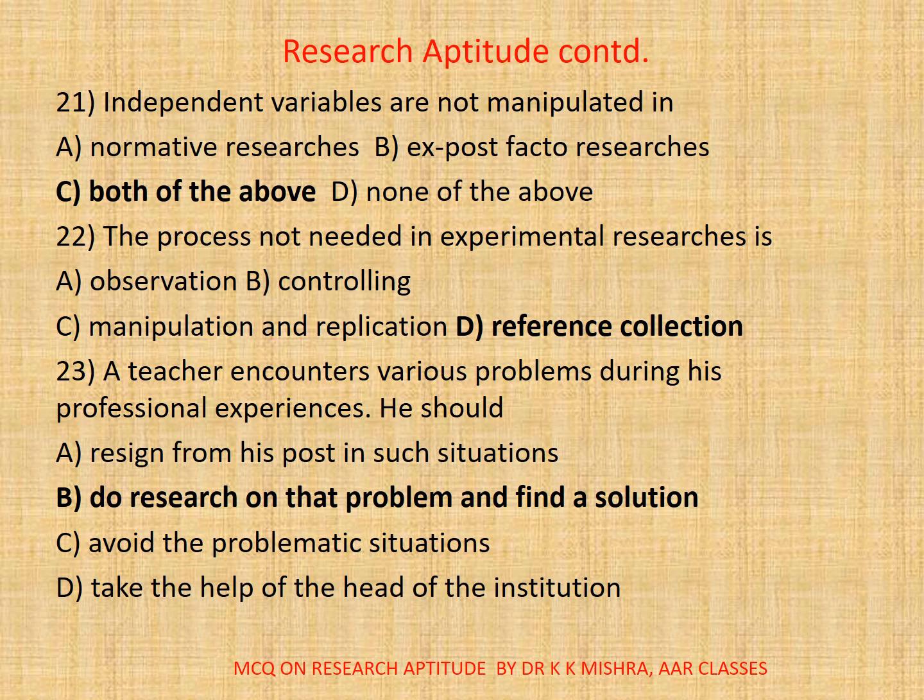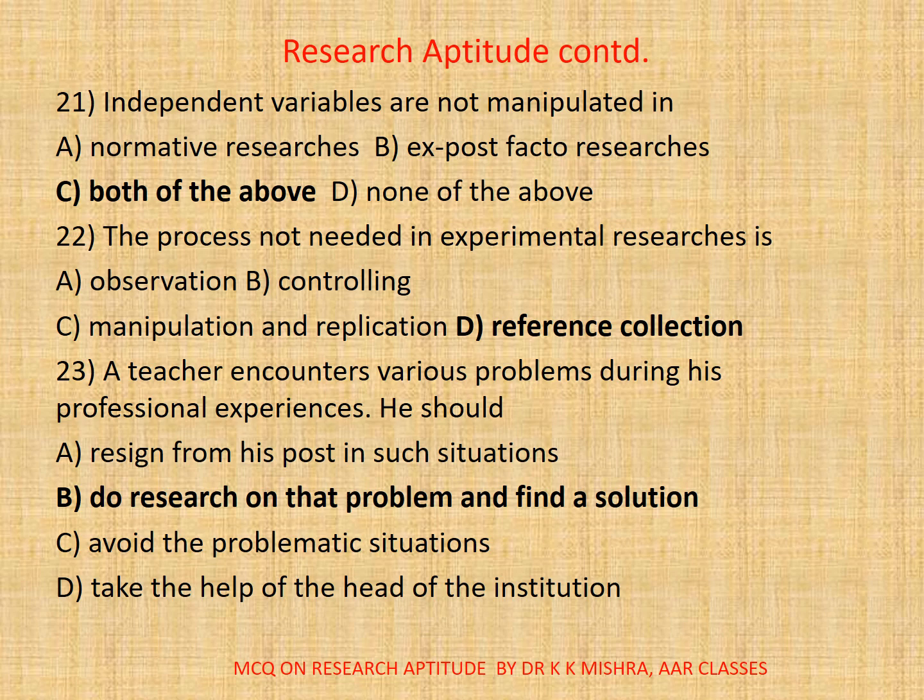Both of the above. 22. The process not needed in experimental researches is A. Observation, B. Controlling, C. Manipulation and replication, D. Reference collection. Correct option is D. Reference collection. 23. A teacher encounters various problems during his professional experiences.